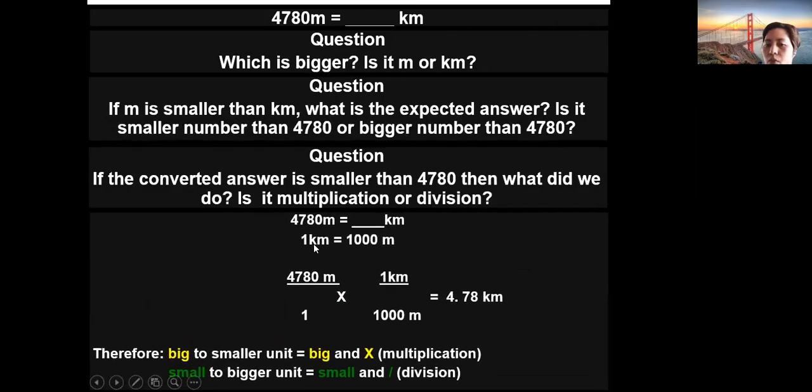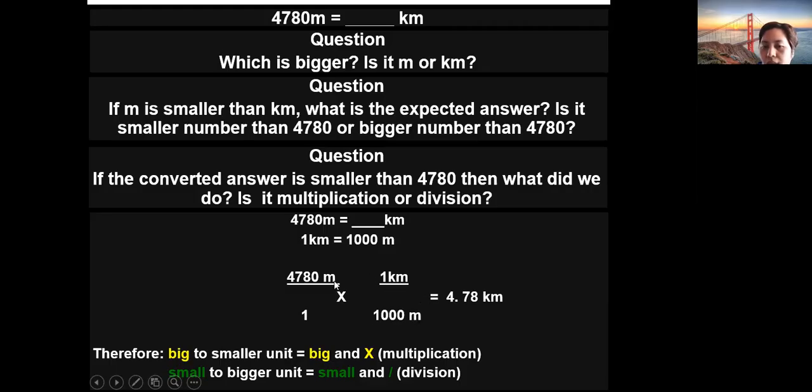In every 1 kilometer, there are 1,000 meters. So 4,780 meters over 1 times, again, in every 1 kilometer, there are 1,000 meters.